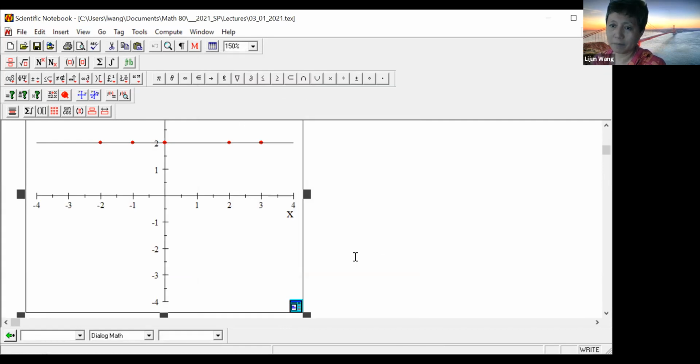It's a horizontal line. If a particular stock could show this picture, what does that mean? At every moment, the price is the same. There are no ups and no downs.